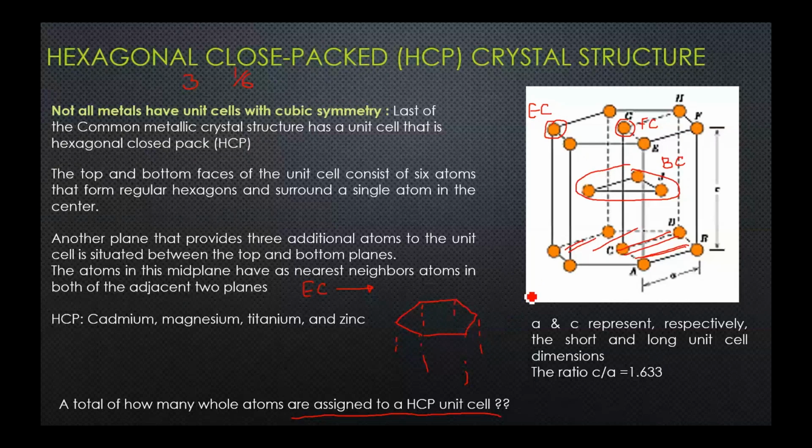So this is the hexagon. There would be another hexagon situated next to it, the neighboring hexagon, and another hexagon situated next to this hexagon. So let's say I'm talking about this corner atom. This corner atom is being shared by how many unit cells?